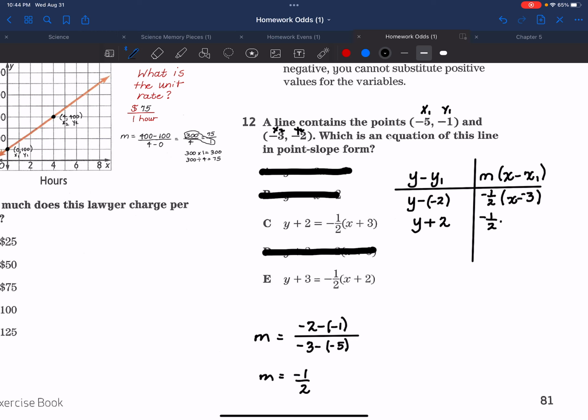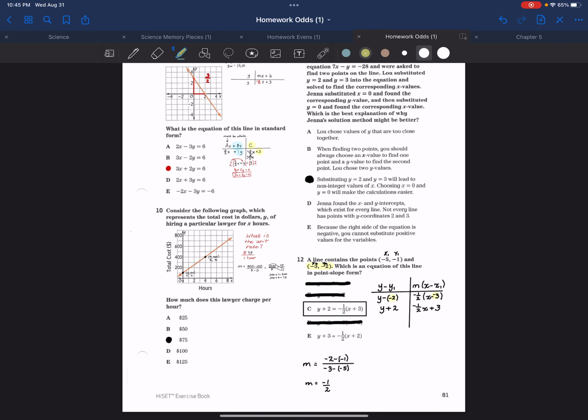Negative 1/2 x plus 3. And that's the equation we're looking for. I like C for this one. That is not an easy question. You have to know point-slope form to be able to do that. And then they substituted this point in for the point in the problem. Okay, this is the end of this page.